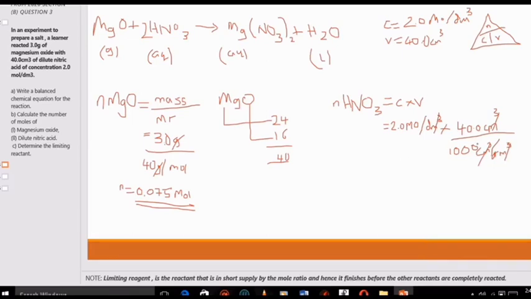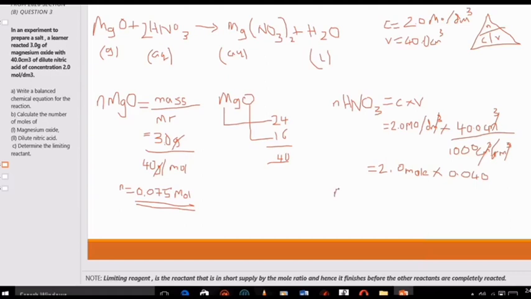When you divide 40.0 by 1000, you get 0.04.